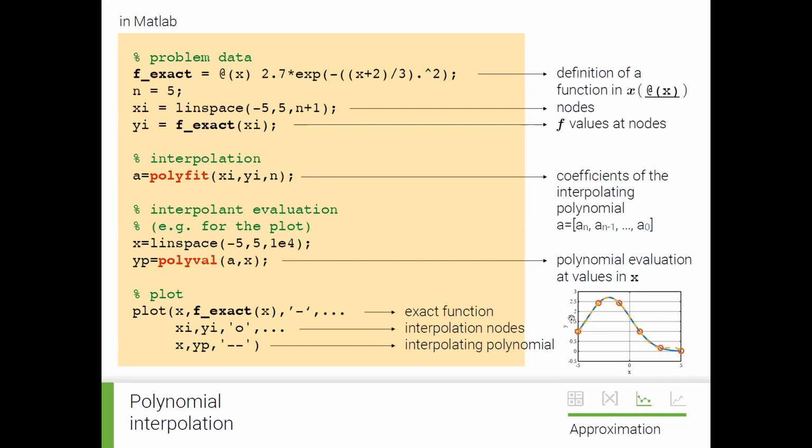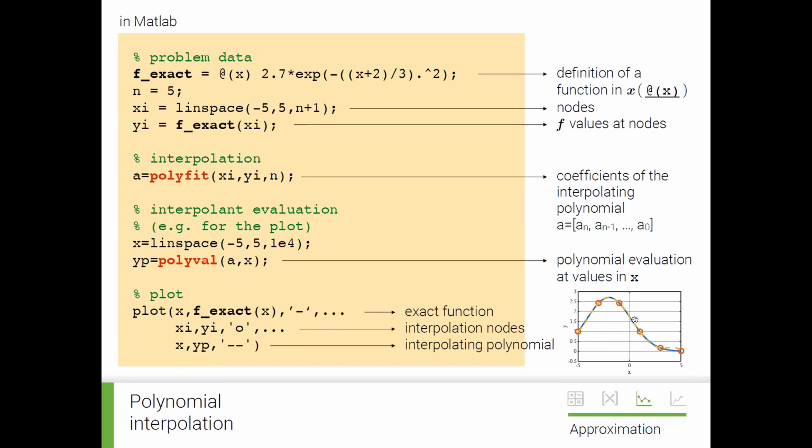You can see in blue the exact function. The next one, xi, yi, is plotted with circles.